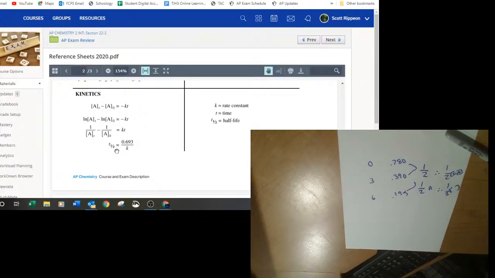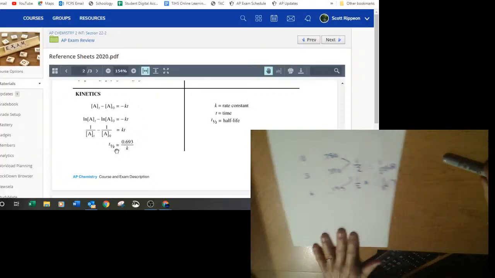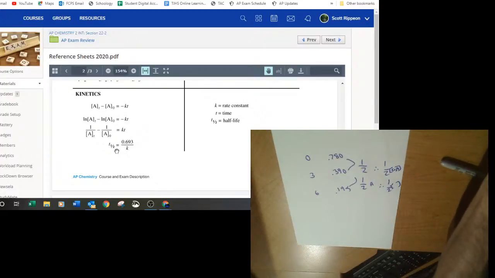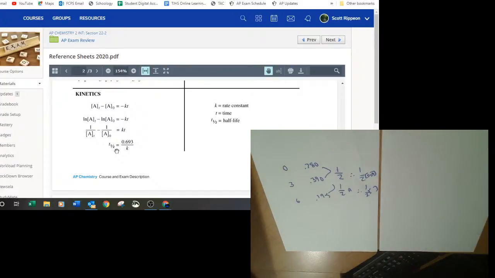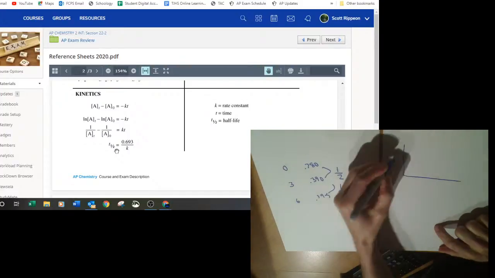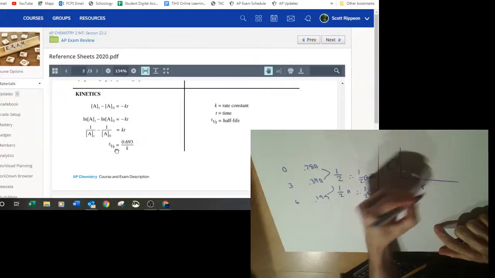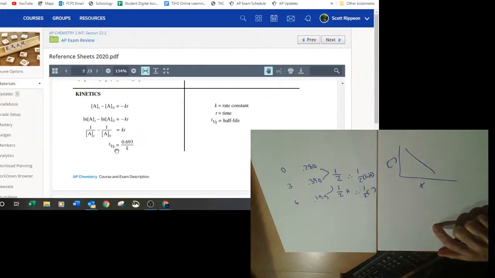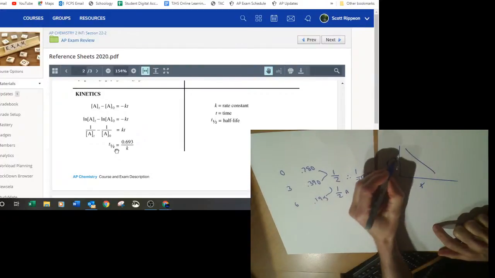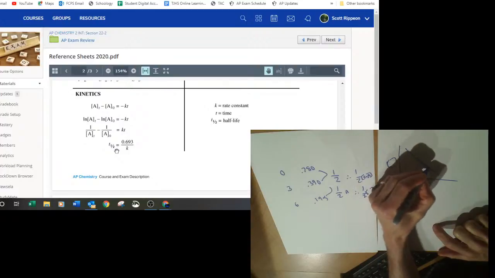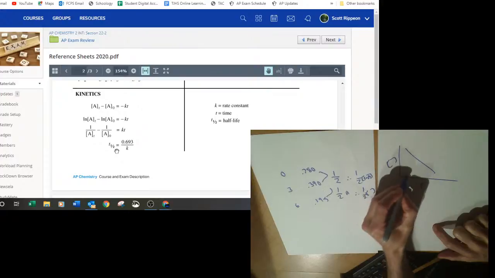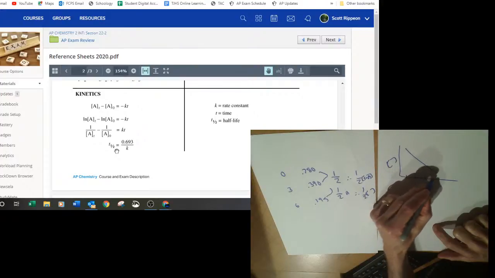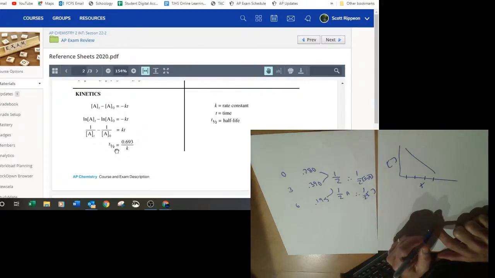But if it's a 0th order reaction and we go concentration versus time, it'll go linear. So what that says is that it doesn't matter what that concentration is over the entire spectrum, it's going to have no effect on the rate at which the material decreases.